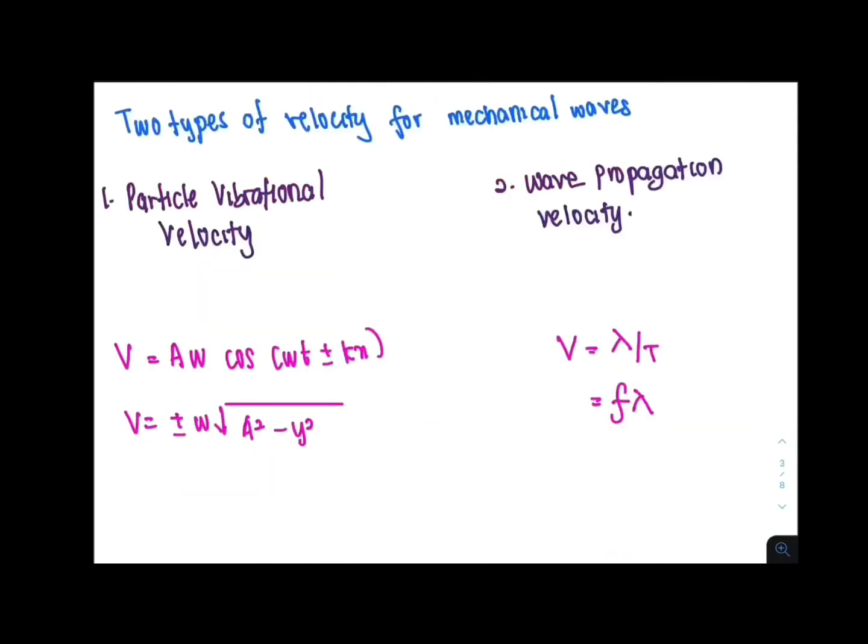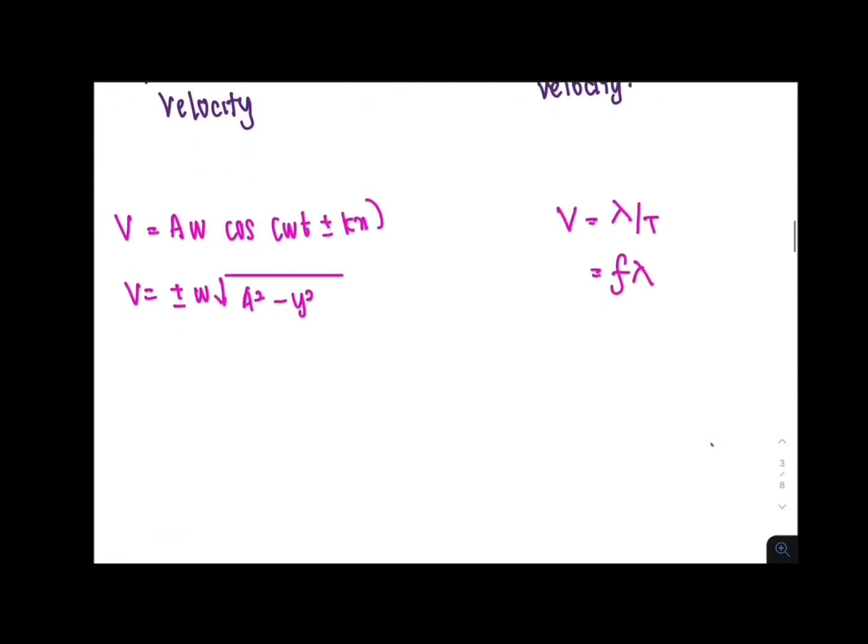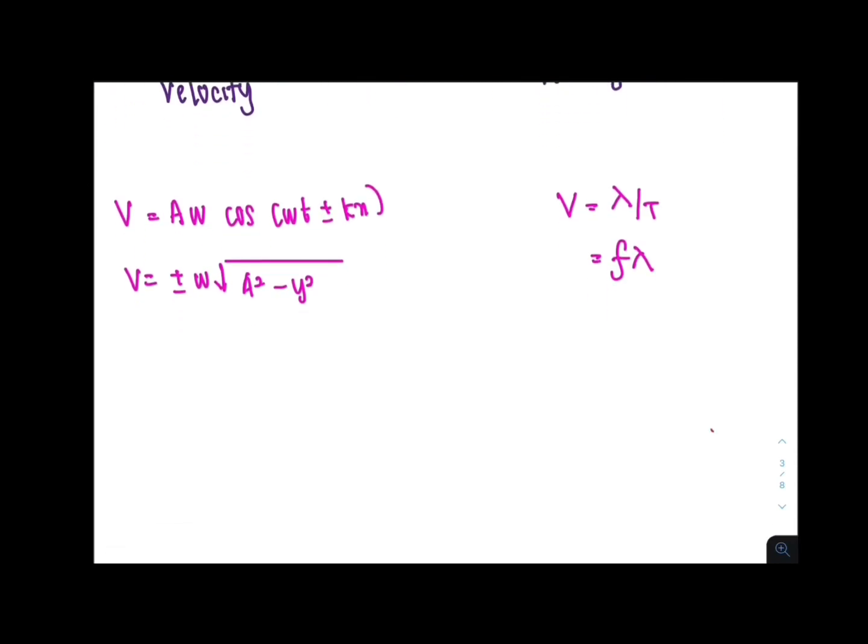Okay, next we're going to look at the velocity for mechanical wave. There are two types of velocity for mechanical wave. One is particle vibrational velocity and another one is wave propagation velocity. Okay, what do these two velocities mean? When you have a wave being produced due to this mechanical wave, this is the shape of your wave.